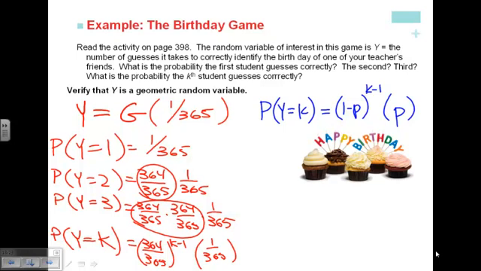Just to the right of it, write geometric, and I would like you to add this formula. The probability of the random variable y, meaning a random variable associated with the geometric setting, the probability of y equal k is equal to 1 minus p to the k minus 1 power multiplied by p.